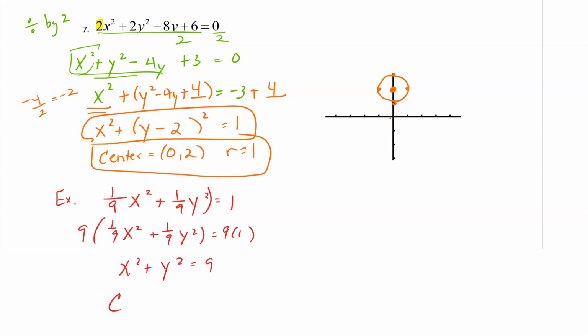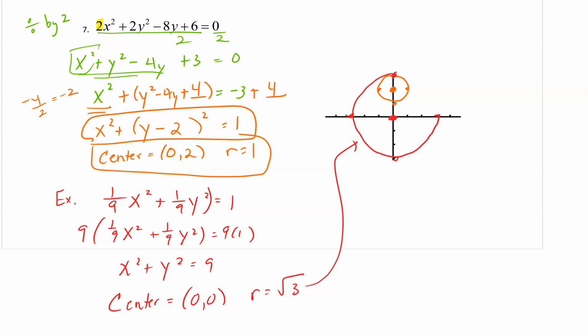So your center ends up being 0, 0, and your radius is 3. I'm going to draw it right here on this one. So my center is at 0, 0, and my radius is 3. So we go here, all 4 directions. The distance is 3, and that would be your circle for this last example.